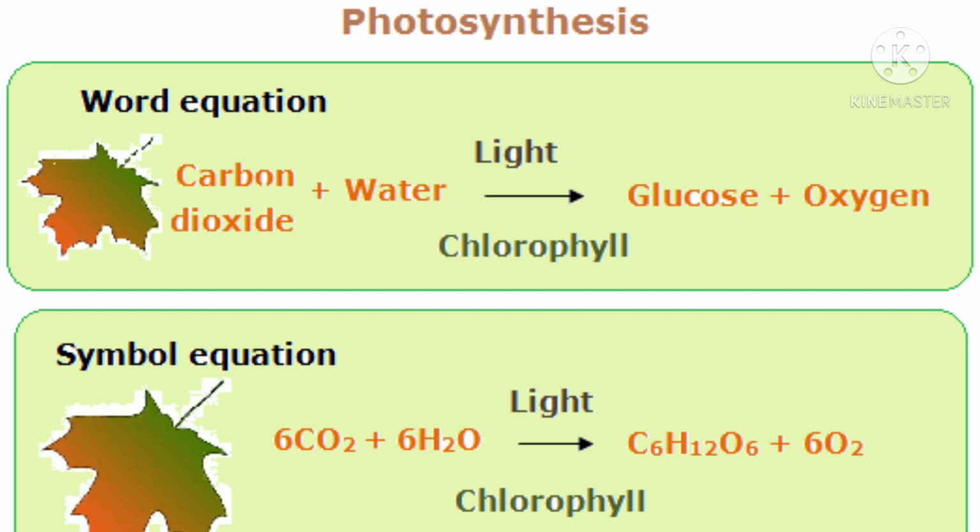Glucose is the main product and oxygen is the byproduct. The substance which is taken as food by the plant is glucose, the main product, and oxygen is the byproduct, because oxygen is released in the atmosphere after the photosynthesis process.